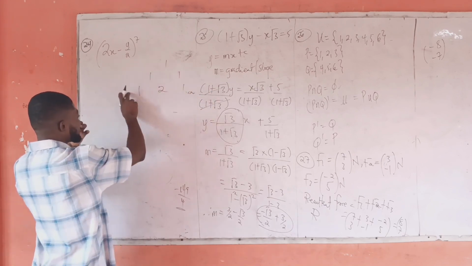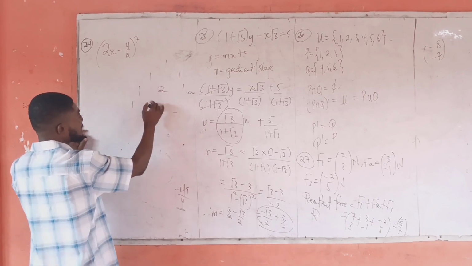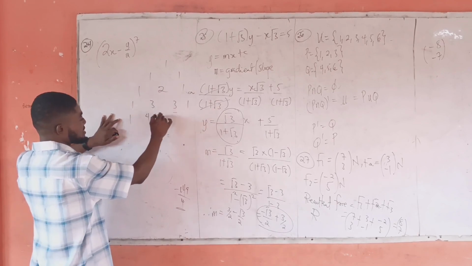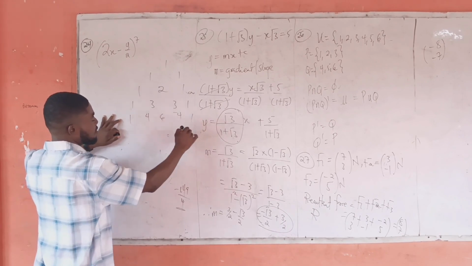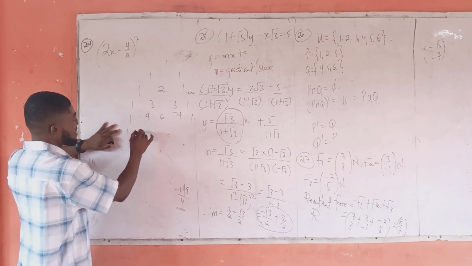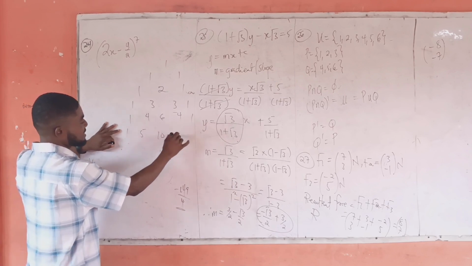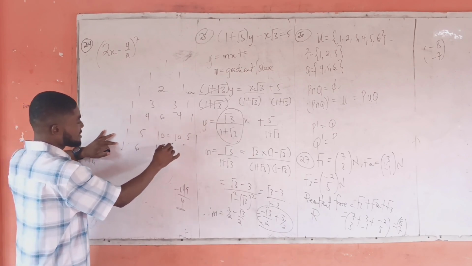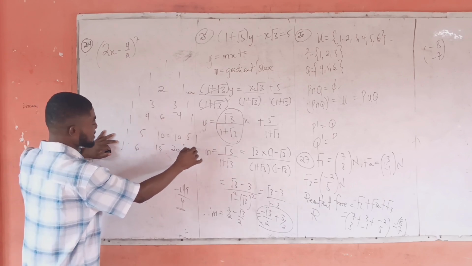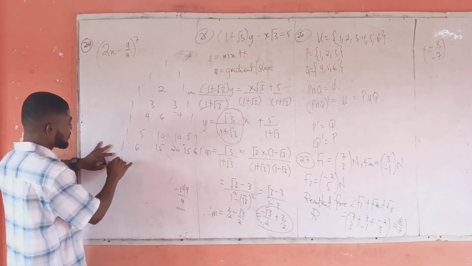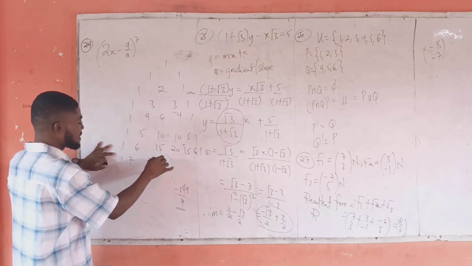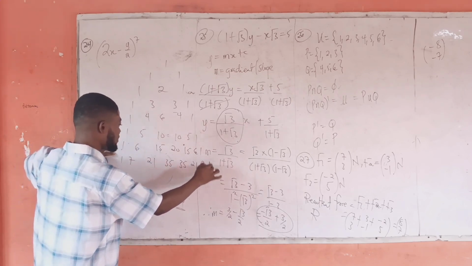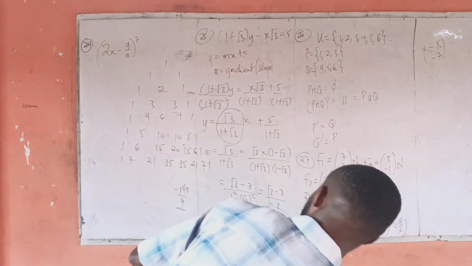Power 3 is 1, 3, 3, 1, power 4 is 1, 4, 6, 4, 1, power 5 is 1, 5, 10, 10, 5, 1, power 6 is 1, 6, 15, 20, 15, 6, 1, power 7 is 1, 7, 21, 35, 35, 21, 7, 1.